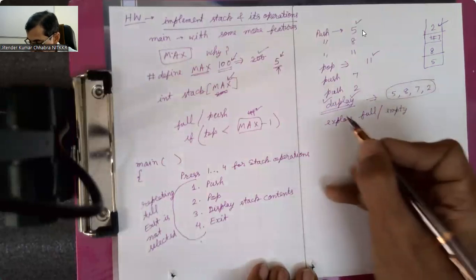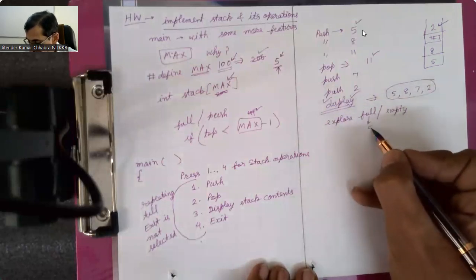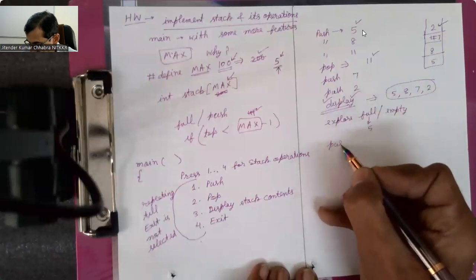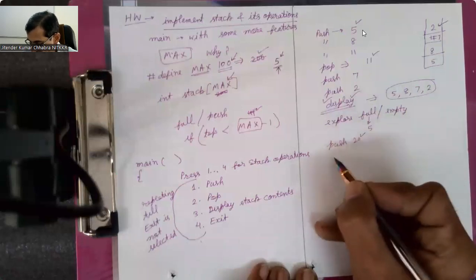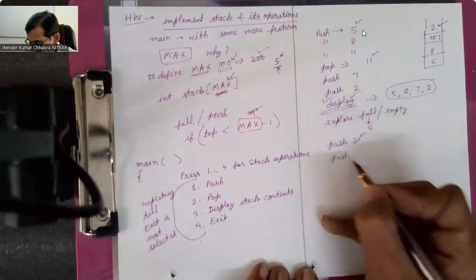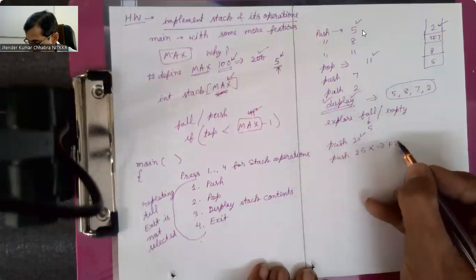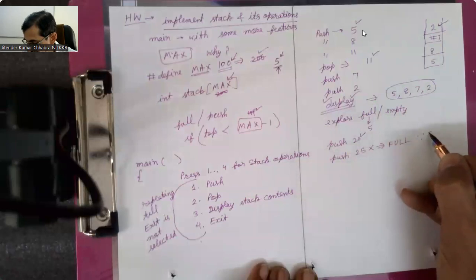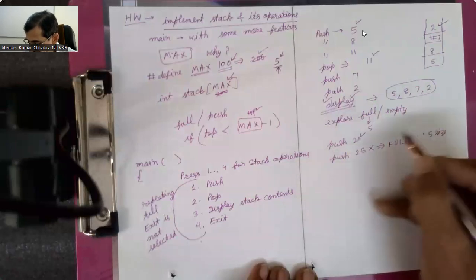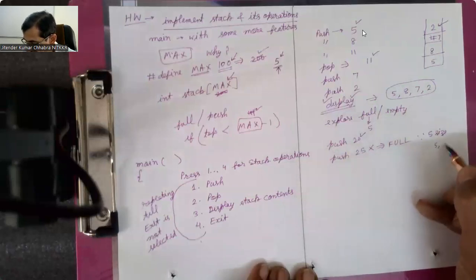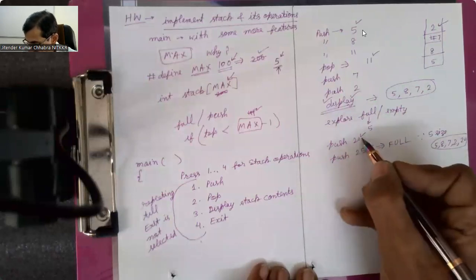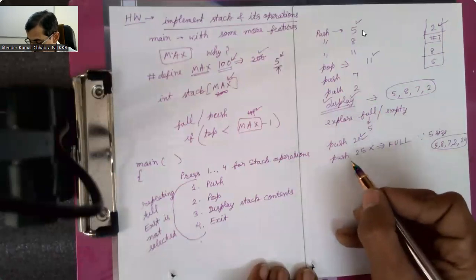For example, I say I will take stack size as 5, and after that I will say push 20. 20 should be allowed. And now if I say push 25, it should tell it's already full because size was 5. And we already have 5, 8, 7, 2, and 20.